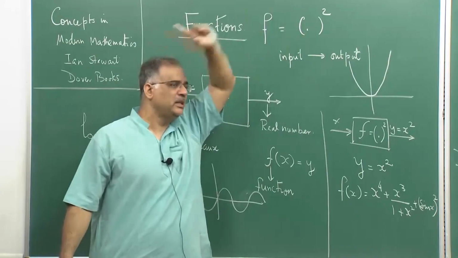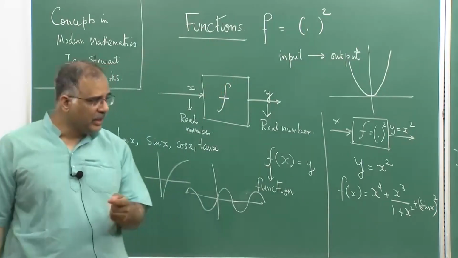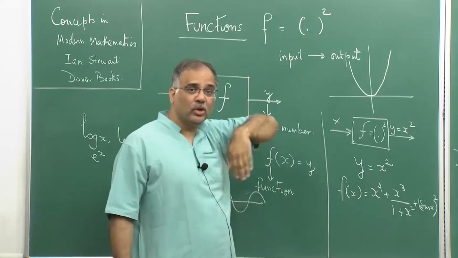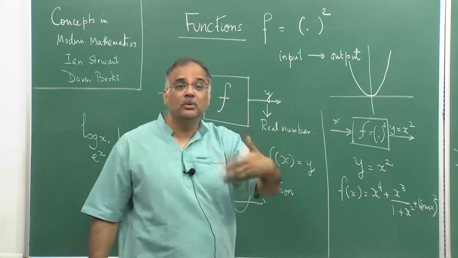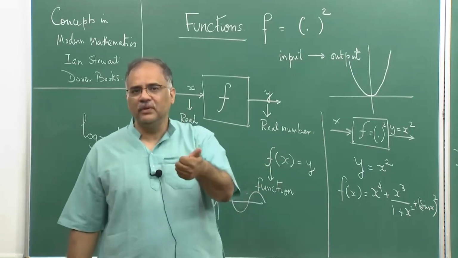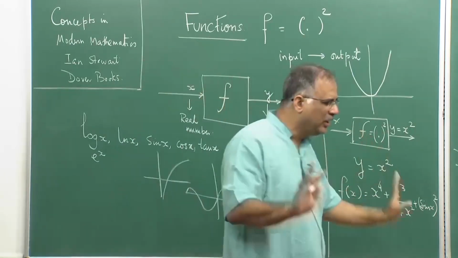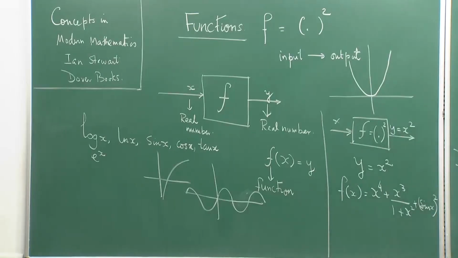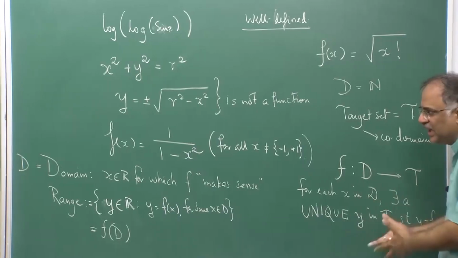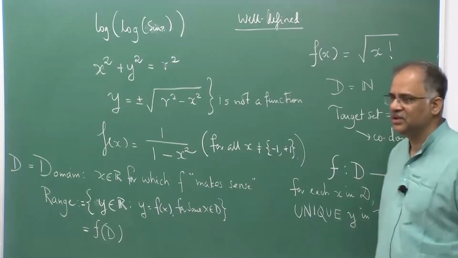So, this represents the function, but when I write f of x, it means I have put x in this place, and then I am talking about the value of the function, the output. So, there is a subtle difference between f and f(x). People usually do not care about this much in mathematics, but if you tend to be too logical, then you really have to care about these very subtle differences.